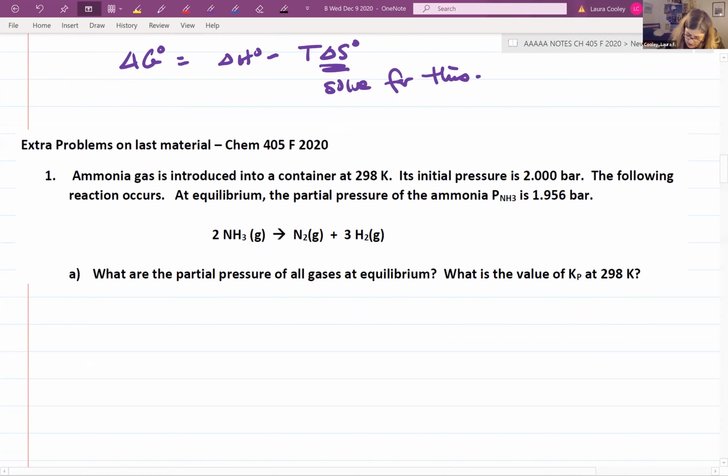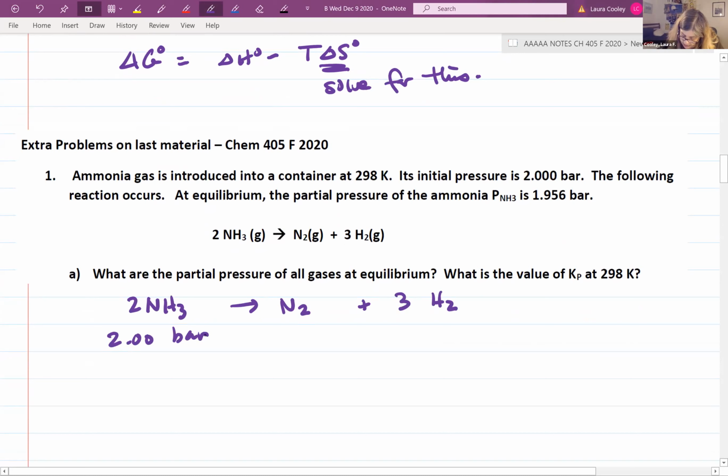Well, this one starts off with a kind of general chemistry problem. And it says you have an initial pressure of 2 bar here. That's your initial, nothing here.